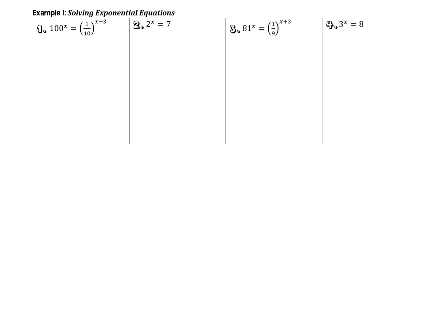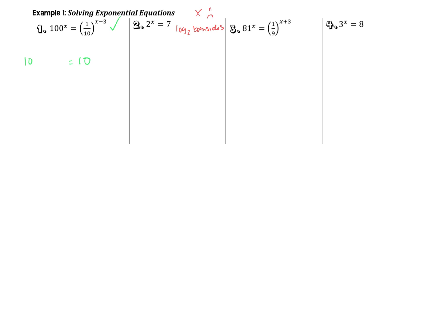All right, hopefully you had time to ask yourself that question. Number 1, we can, in fact, rewrite them both as the same base. They can both be rewritten as 10 to the power of something, and we'll come back to that in just a minute. On number 2, we can't. 2 and 7 are not going to be able to be rewritten with the same base, so we're going to have to start both of these problems by taking log base 2 of both sides.